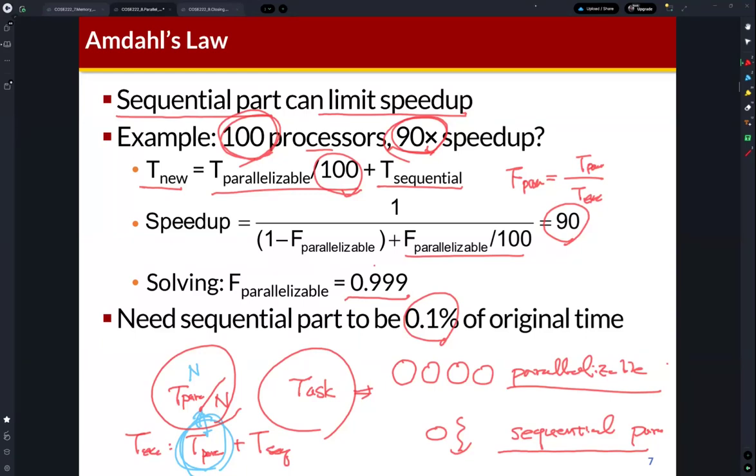It means that most of the tasks need to be parallelized in order to achieve this amount of speedup. Because of the sequential part, the performance improvement by the parallel processors is limited. This is what Amdahl's law explains.